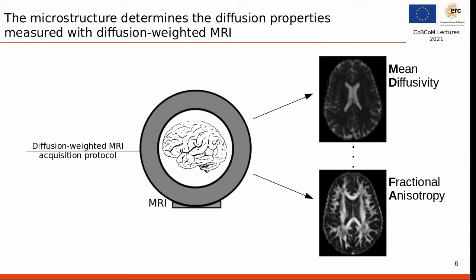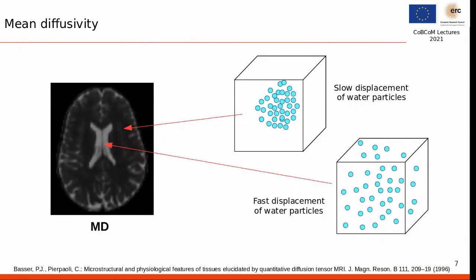And I would like to discuss a little bit what they represent. The mean diffusivity is such that we obtain an image contrast, like the one you see on the left, where a dark pixel will correspond to a slow displacement of water particles, whereas a bright pixel, like those in the ventricles, corresponds to a faster displacement of water particles.